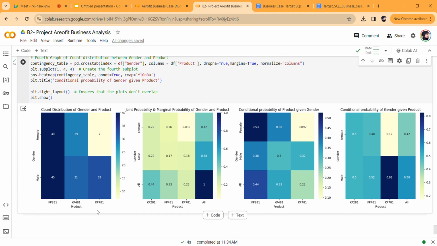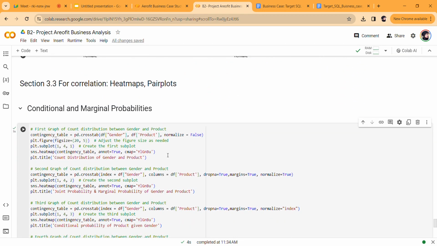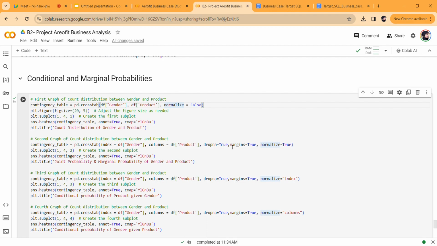Now we wanted to find the joint probability and the marginal probability of gender and product, and you can see the total number is 180. We already defined that. If I want to show the margin here also, let me add the margin in the first graph, then you will see the total also.